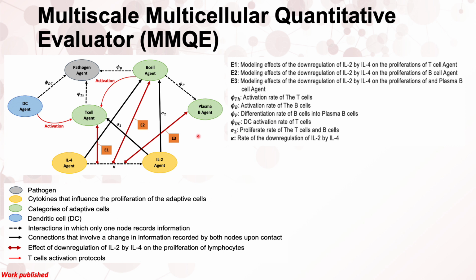Since there are prospects for the use of interleukin-2 and interleukin-4 in the treatment of autoimmune disease or infection, the contribution of T-cell cytokine production to the pathogenesis of autoimmune disease is still a matter of debate.